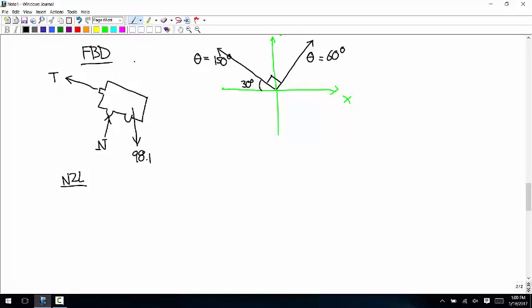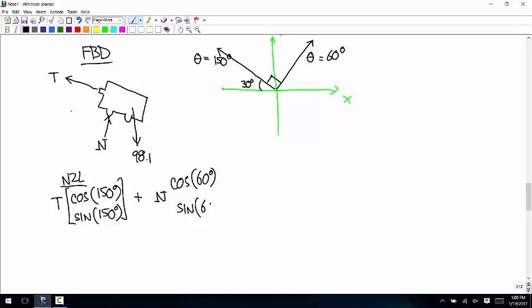So Newton's second law says T times cosine and sine of 150, plus N times cosine and sine of 60, plus 0, negative 98.1, is equal to the 0 vector.